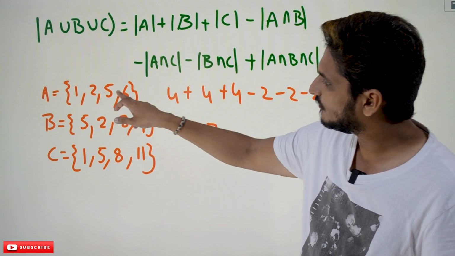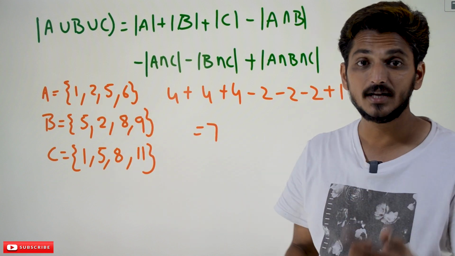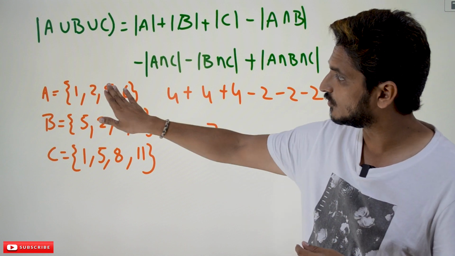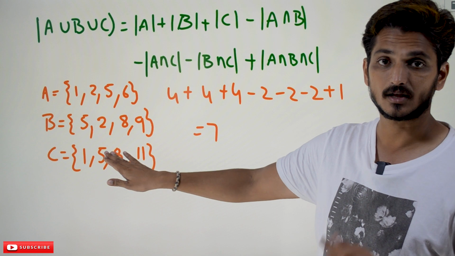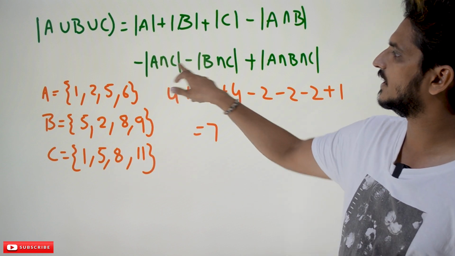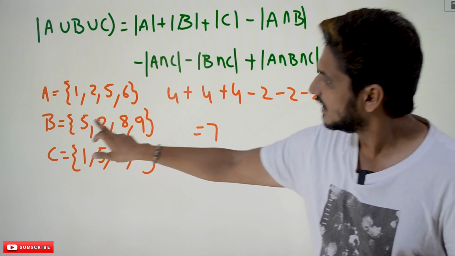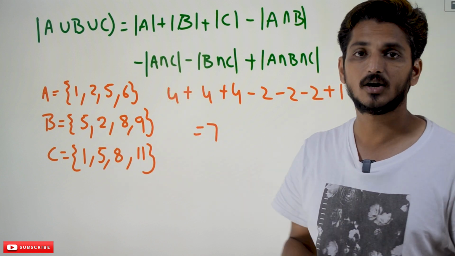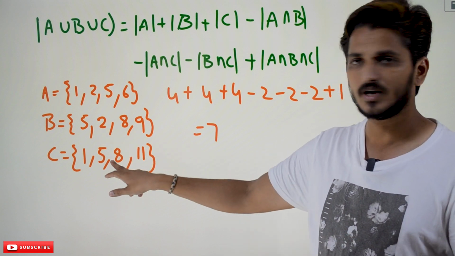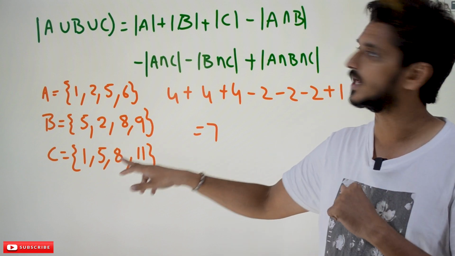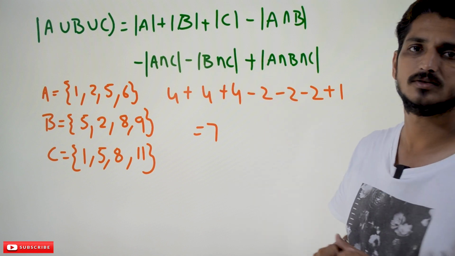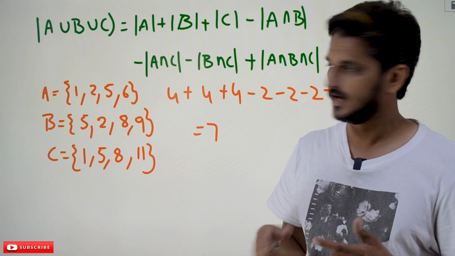Similarly, 1, 5 is common in A and C, so it has been written 2 times. Eliminate one time. That's why minus A intersection C. Similarly, 5, 8 is common in B and C. 5, 8 counted here, 5, 8 counted here. That's why eliminate one time. Minus B intersection C.